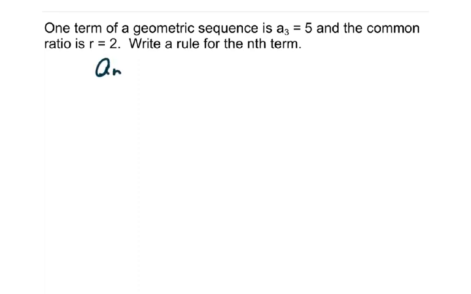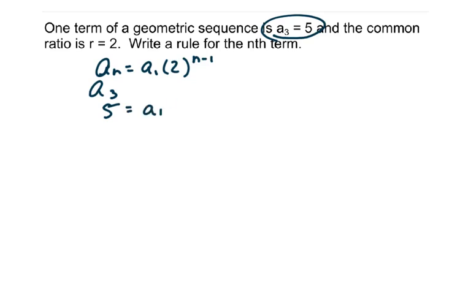So a sub n equals a sub 1 times 2 to the n minus 1 power. We're going to use the point we have here, 3, 5. So a sub 3, which is going to be 5, equals a sub 1 times 2 to the 3 minus 1 power. So we have 5 equals a sub 1 times 2 squared, which is going to be 4.